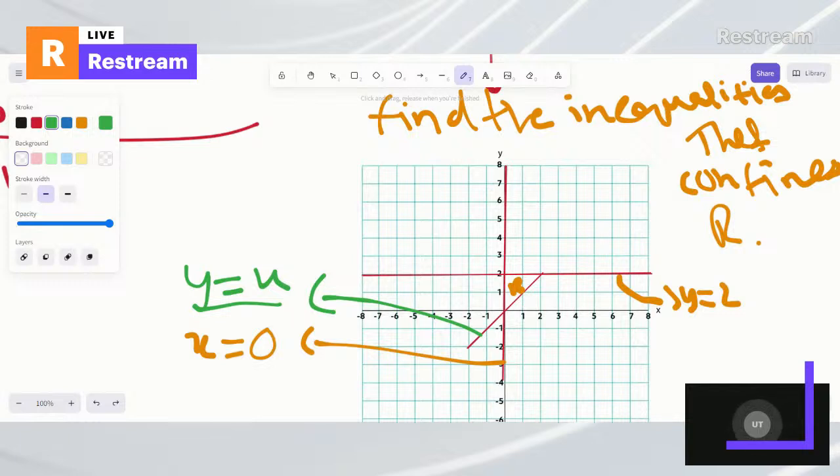So I'm going to ask myself a question: is this region above or lower than this line? So what would be the answer? Is this region R above or lower than this line? Can anyone tell me?